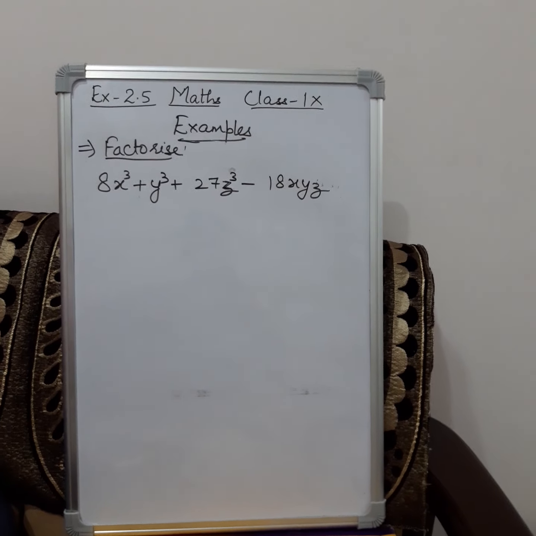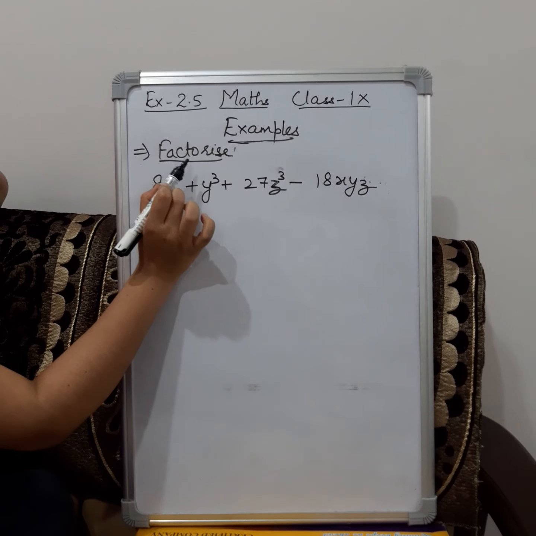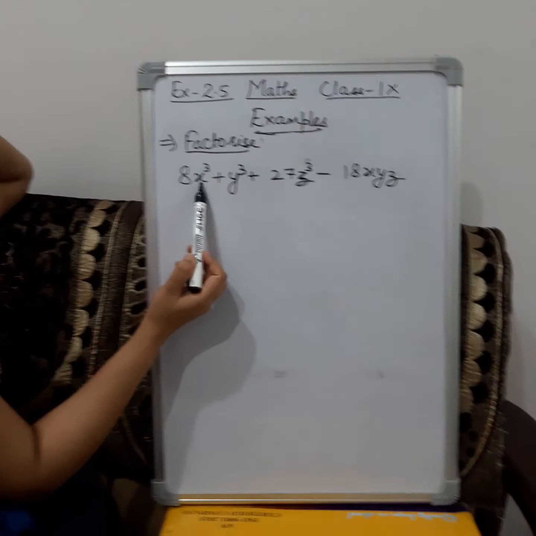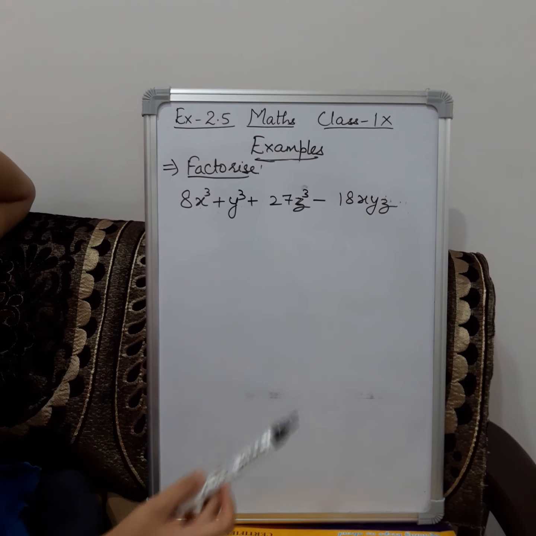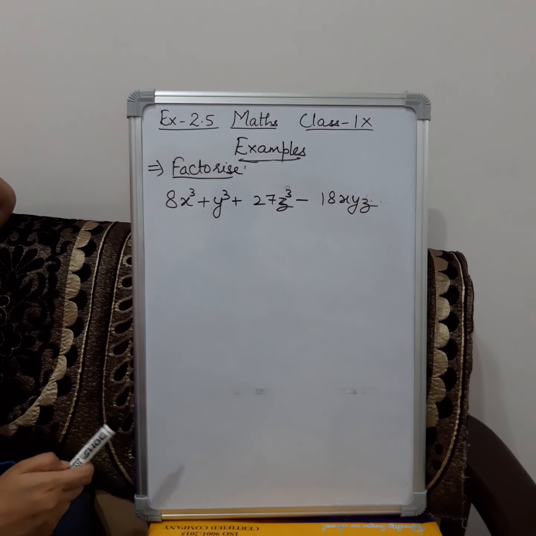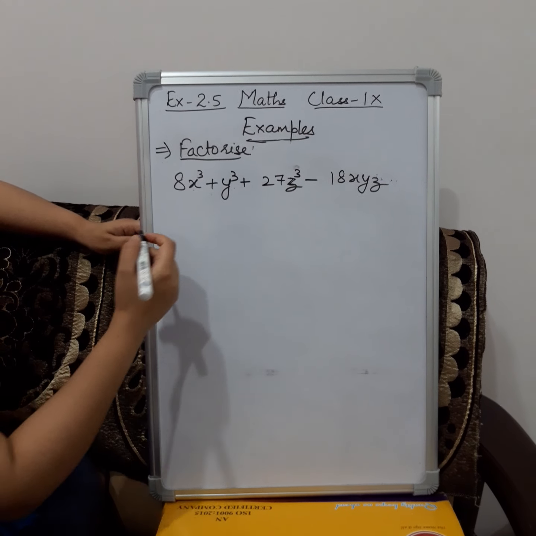Okay, now we are going to discuss the last example of this exercise. Again the question is factorize. Fine. But here you can see x cube, y cube, z cube. Now you would have seen x, y, z. This was also an identity which we have written at last, I think number 10 identity.